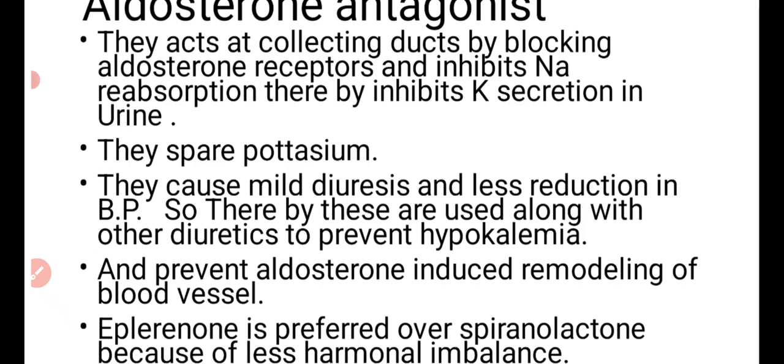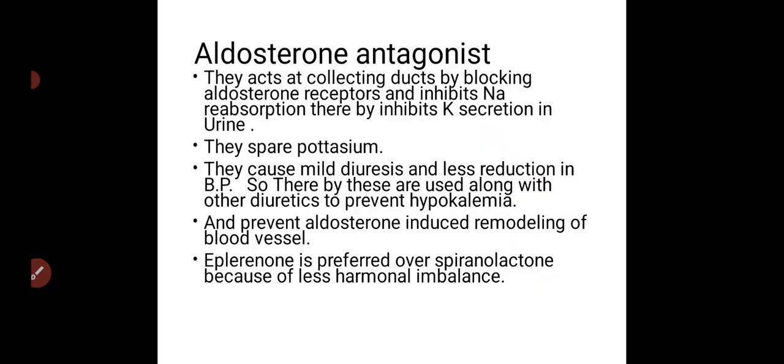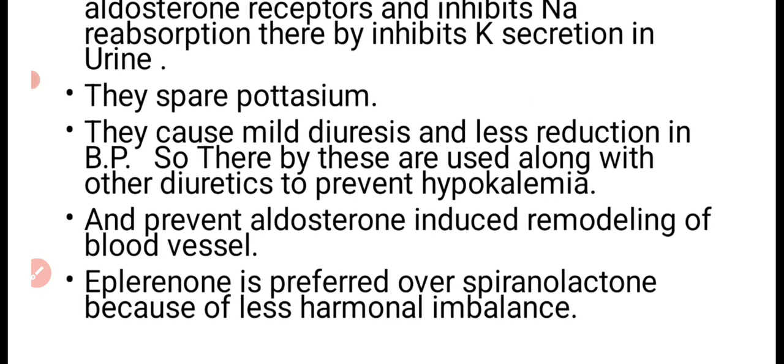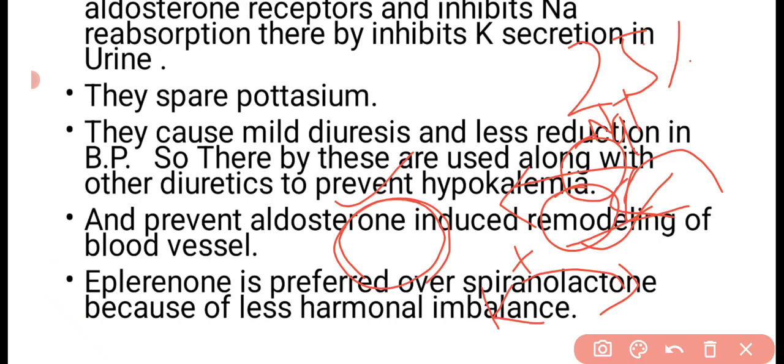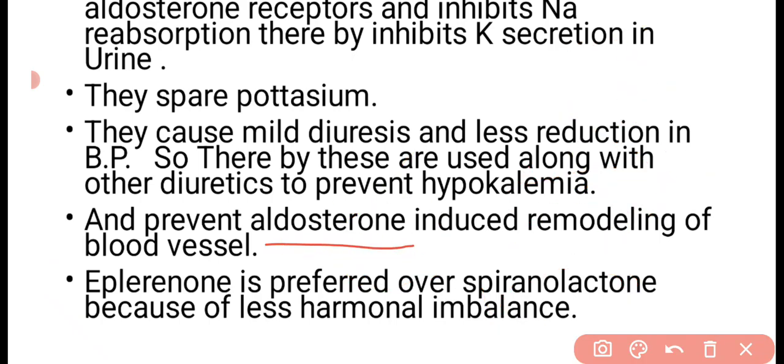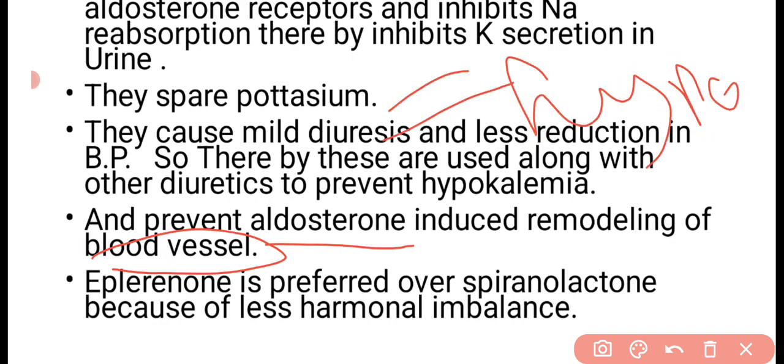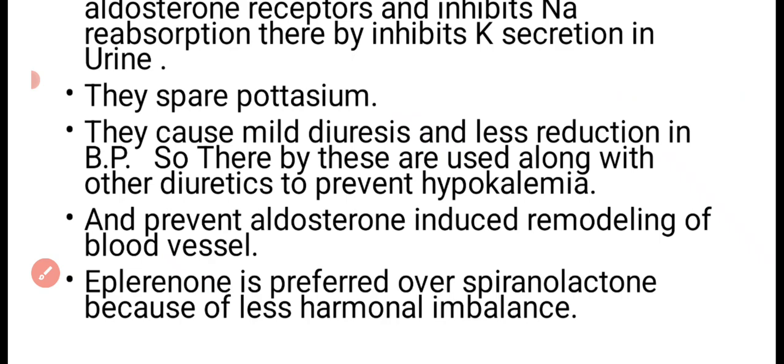Another effect: aldosterone and RAS overactivation, with increased aldosterone levels, are responsible for vascular remodeling, which causes hyperplasia and thickening of the blood vessel, and fibrosis, the replacement of the functional unit with fibrous tissue. This loses the elasticity of the blood vessel and further damages the condition. So this is another advantage of the aldosterone antagonists.